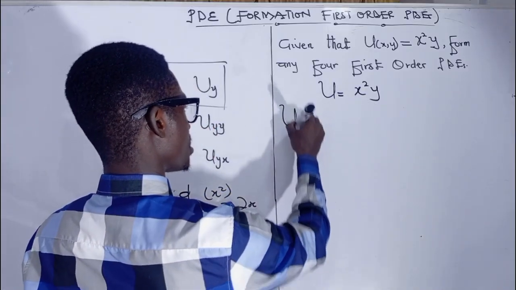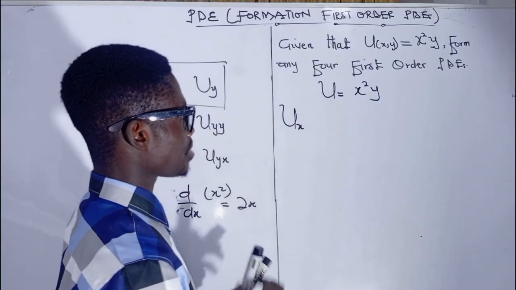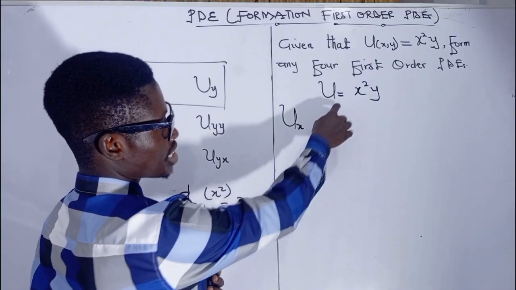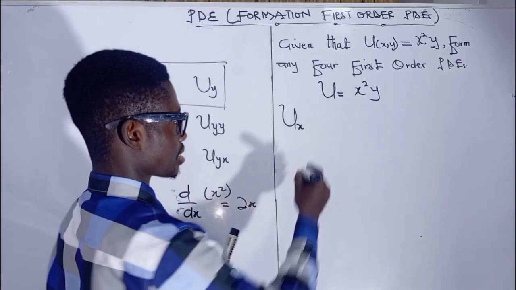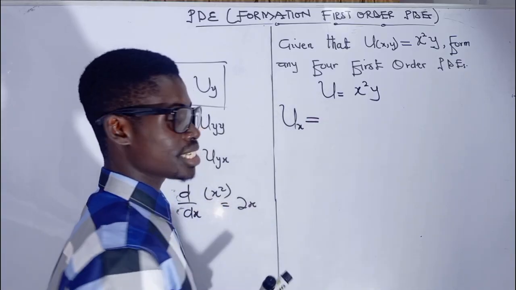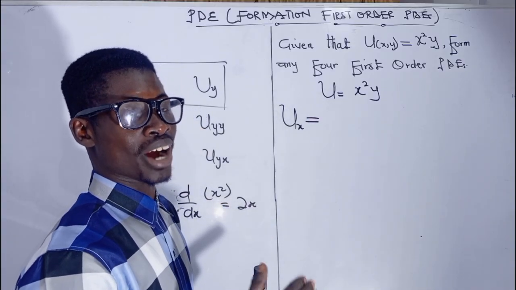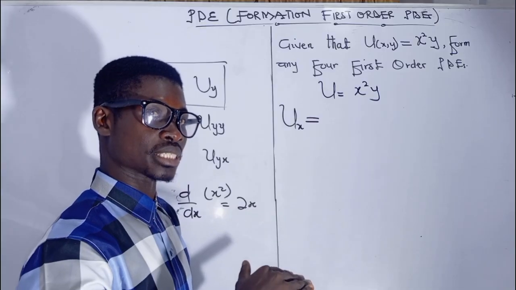So we have u subscript x, which means we are taking the first partial derivative of this function with respect to x. In doing that, we are going to keep or hold all other variables in the function as constants. Then we differentiate x squared with respect to x. The other variable in this function is y, so we keep y as a constant.